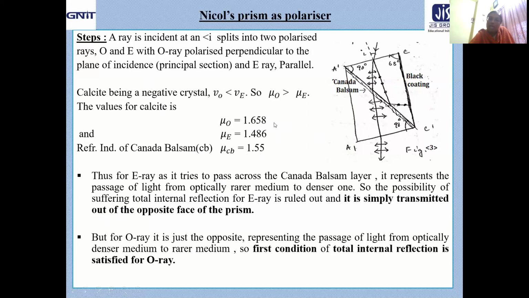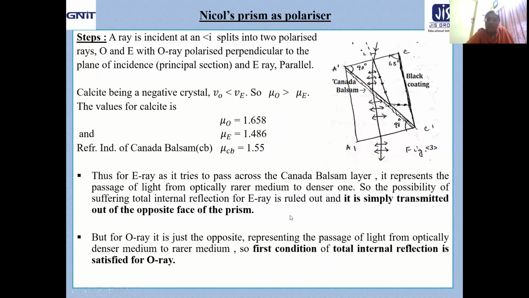So as the O ray tries to approach from calcite to Canada balsam, it is basically the passage of light from optically denser to rarer medium. So the first condition of total internal reflection is satisfied for the O ray.